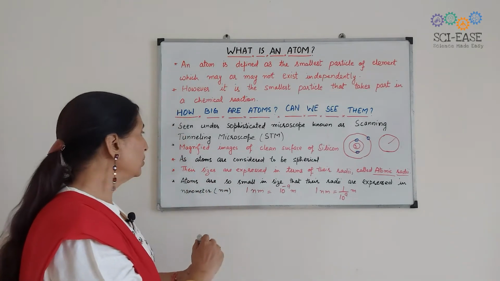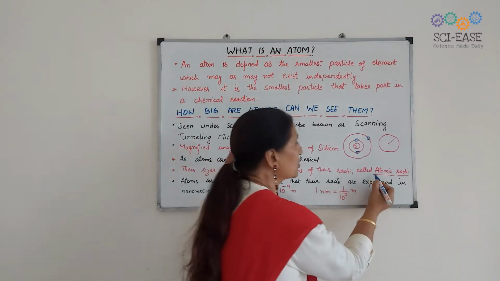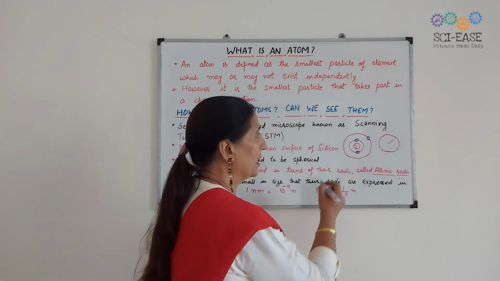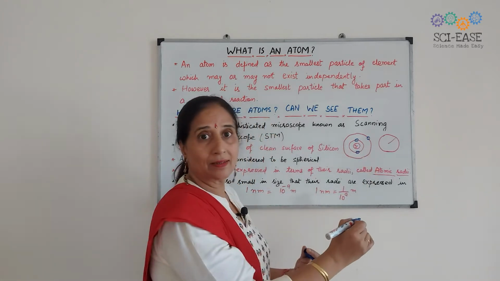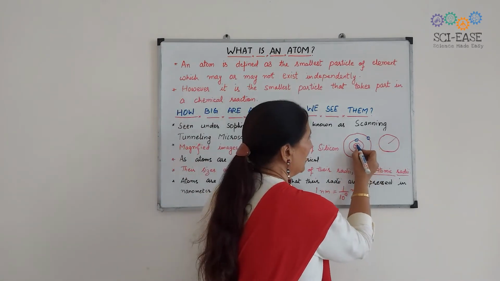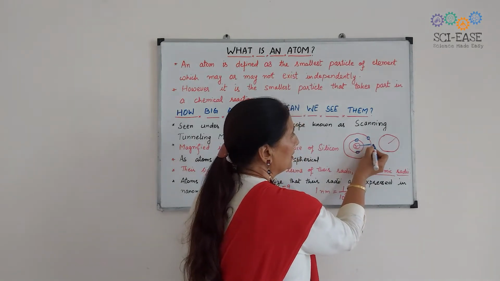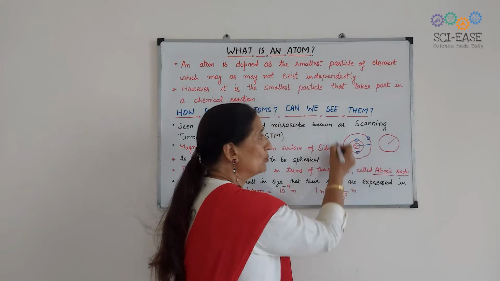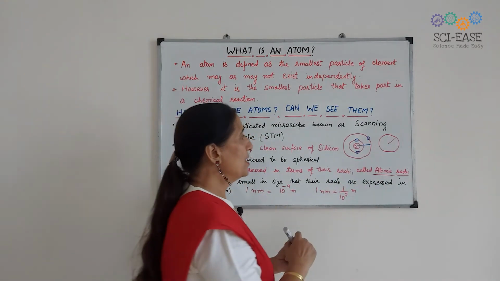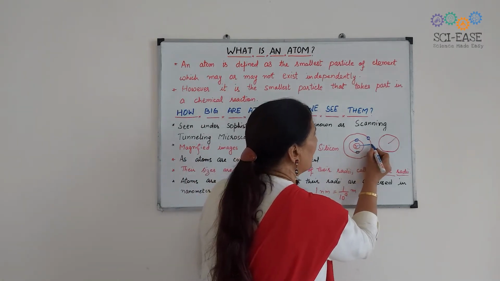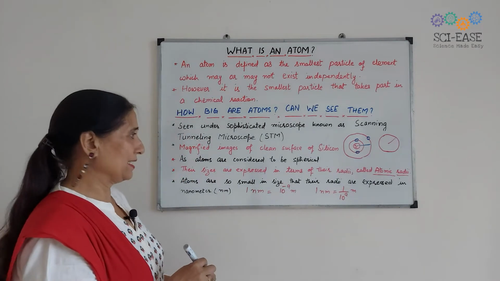Okay? So how we can measure the atomic radii? Because I have told you that the size of an atom, that is expressed in terms of atomic radii. We will take a center of the nucleus and we will draw a line up to the outermost shell you can say, which has electrons in it. Okay? So this is the atomic radii and it will give us the size of an atom.